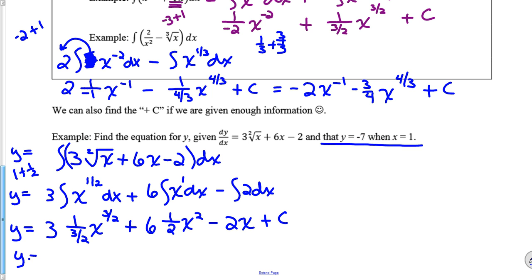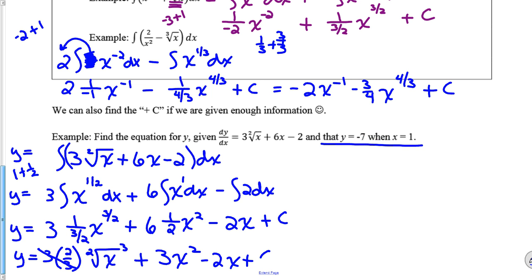So when I have this, I really have 3 times 2 over 3, and happily what happens with those 3's is they make a silly version of the number 1, so I really just have a 2. And then I have the square root of x cubed, and I'm going to do probably the square root of x and then cube it would be my guess. And then I have plus 3x squared minus 2x plus c.